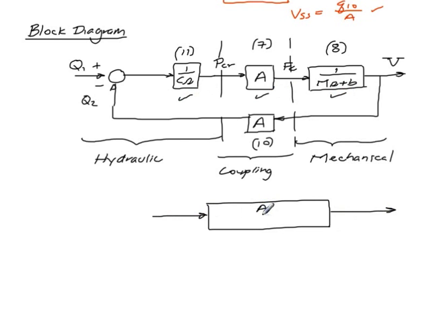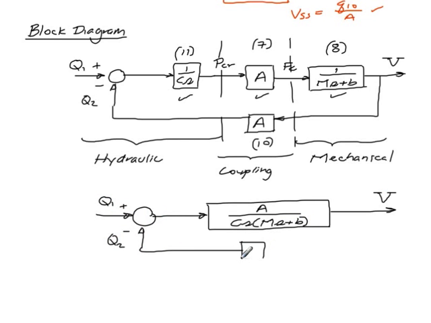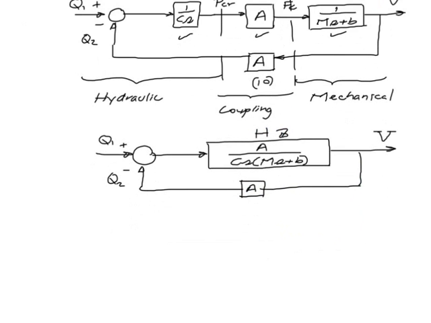So this is A divided by CS multiplied by the quantity MS plus B. So that output V with an input of the difference between Q1 and Q2, where Q2 is equal to A times the output there of V. Let me not have to write down this whole thing. Again, let me just call that block multiplier there of H.